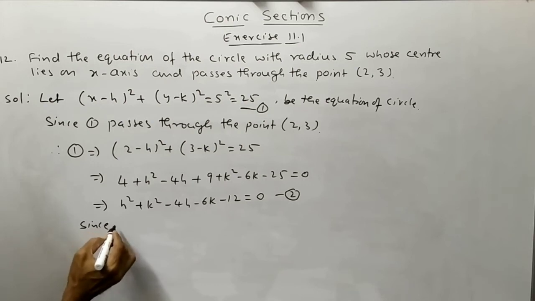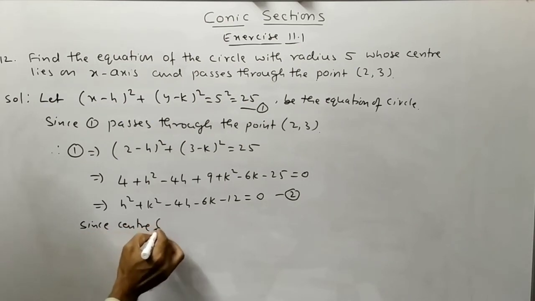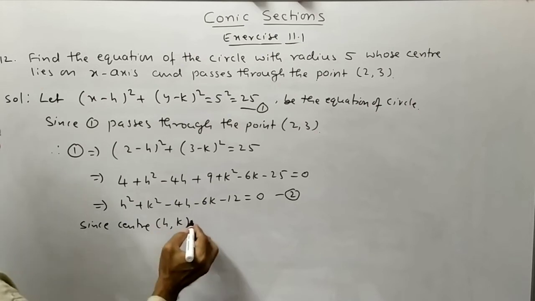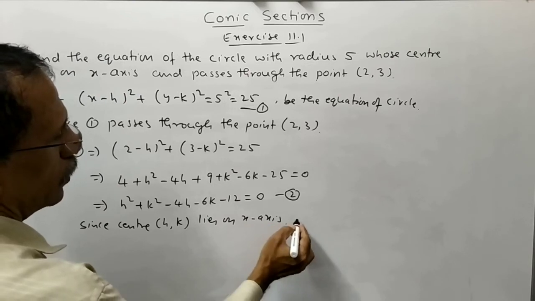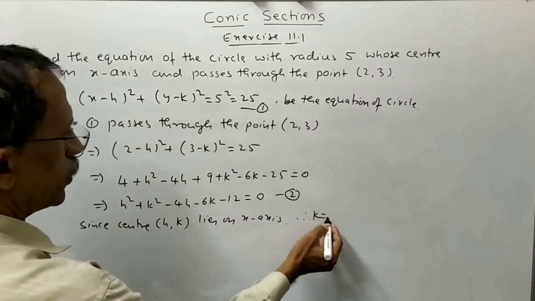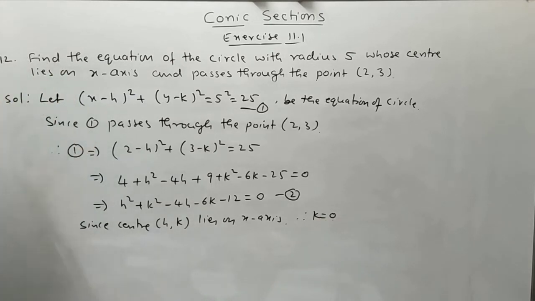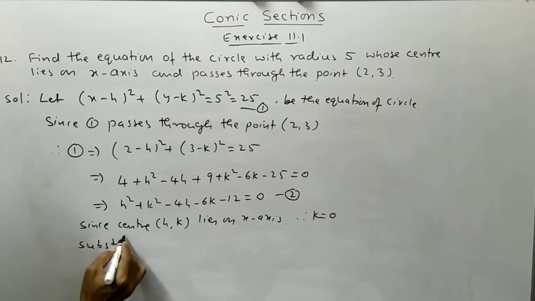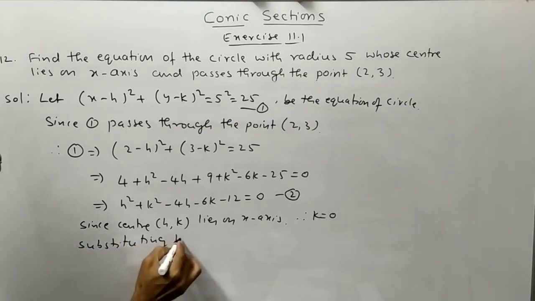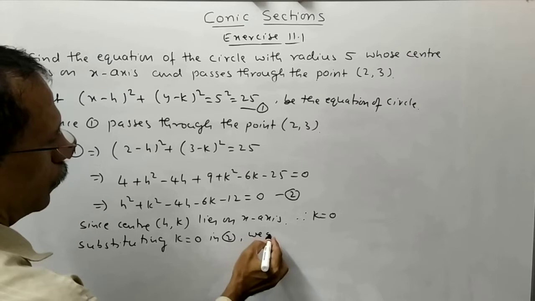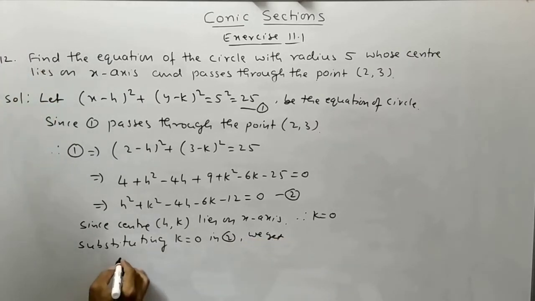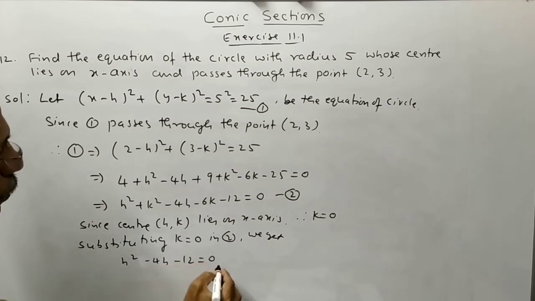Since the center with coordinates (h, k) lies on the x-axis, therefore the y coordinate must be equal to 0, that is k = 0. Substituting k = 0 in 2, we get h² - 4h - 12 = 0.